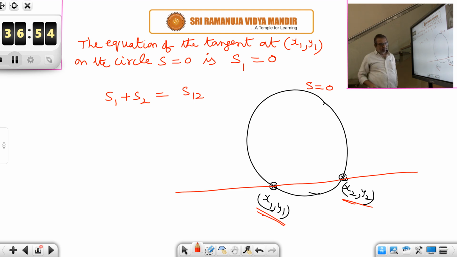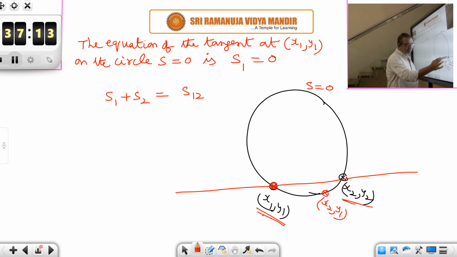Now imagine that the point x2, y2 is slowly moving on the circle towards the point x1, y1. That means x2, y2 has come here. It is moving towards the point x1, y1. Then the chord has changed, is it not? One point is remaining fixed. x1, y1 is fixed. Only x2, y2 is moving towards x1, y1. So the chord has changed, is it not?